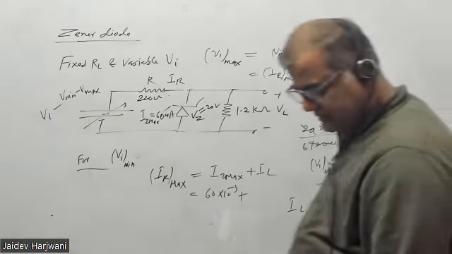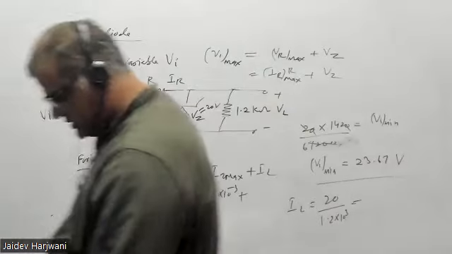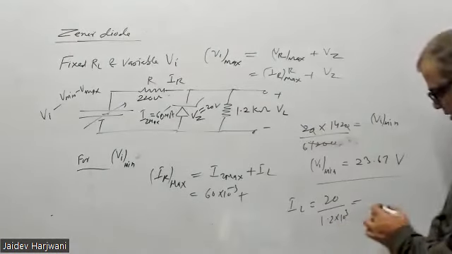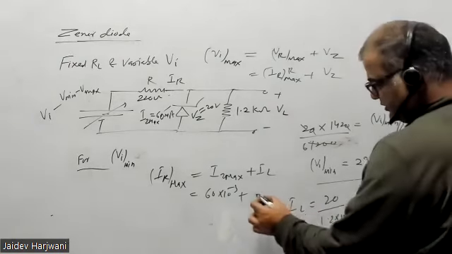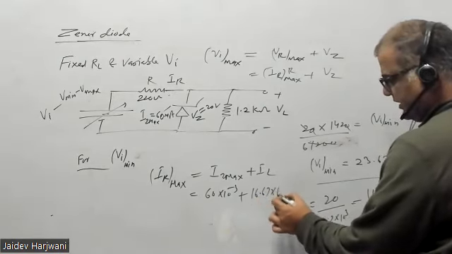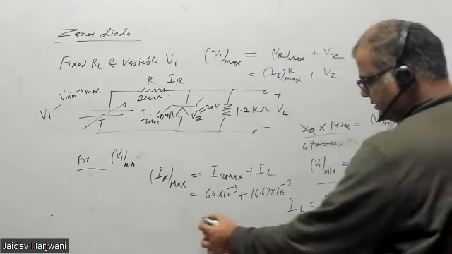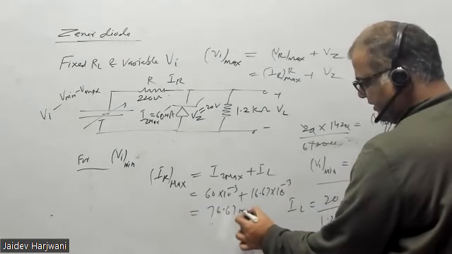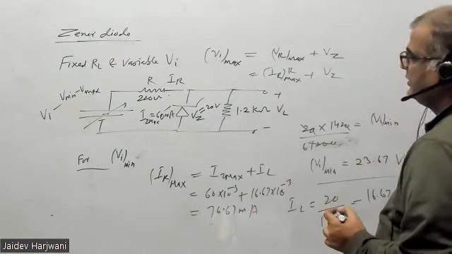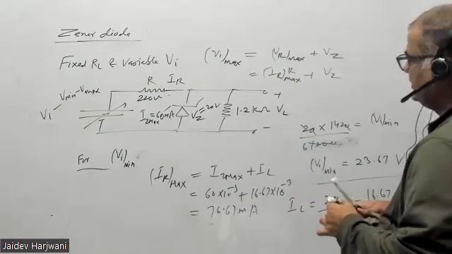How much is IL coming? 16.67 milliampere. So this becomes 76.67 milliampere.